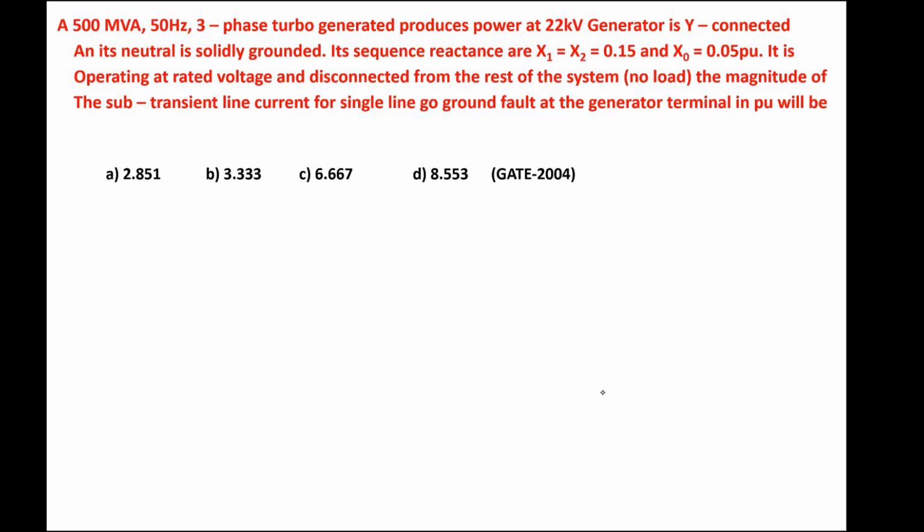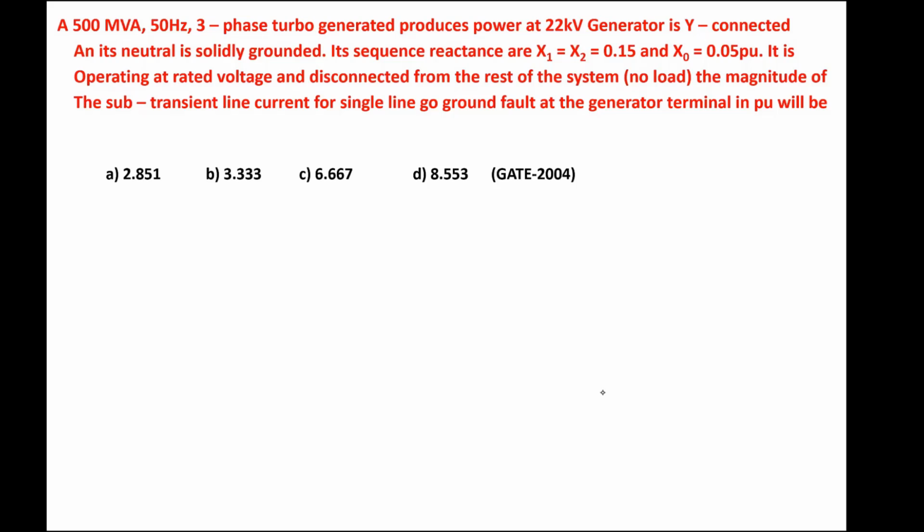It is operating at rated voltage and disconnected from the rest of the system. The magnitude of subtransient line current for single line ground fault at the generator terminal in per unit will be. A very simple, straightforward question is being asked.